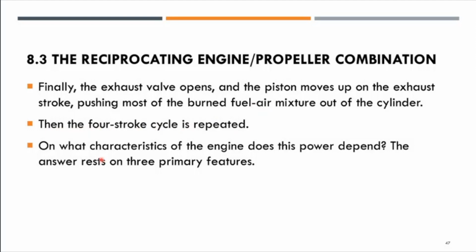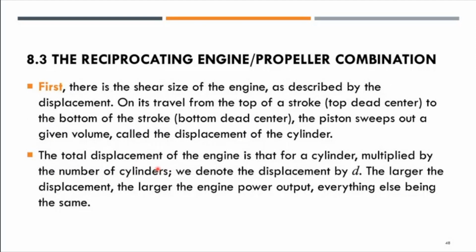On what characteristics of the engine does this power depend? This can be answered by three primary features. The first is the sheer size of the engine, as described by the displacement.